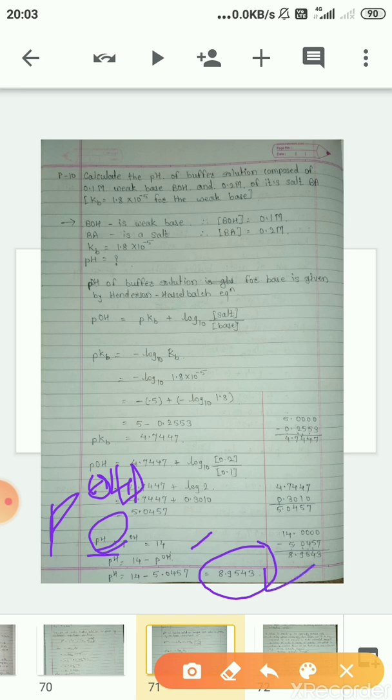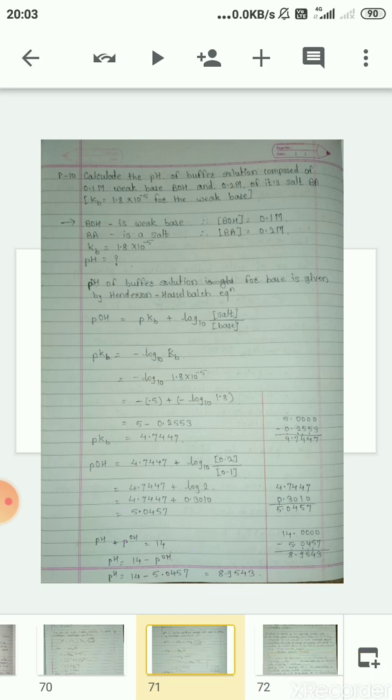Now we are going to continue to the next point, which is related to solubility and solubility product. See, first what is meant by solubility of a compound. That means whenever we are dissolving any salt in any solvent, then it undergoes dissolution.